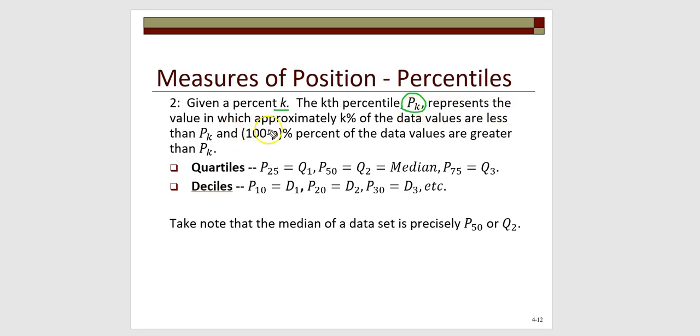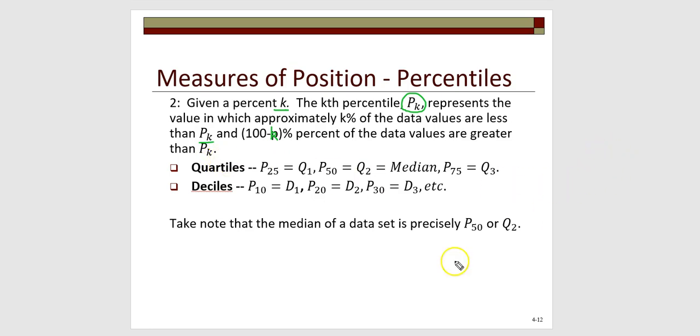That represents the value in which approximately k% of the data values are less than Pk, and 100 minus k% of the data values are greater than Pk.